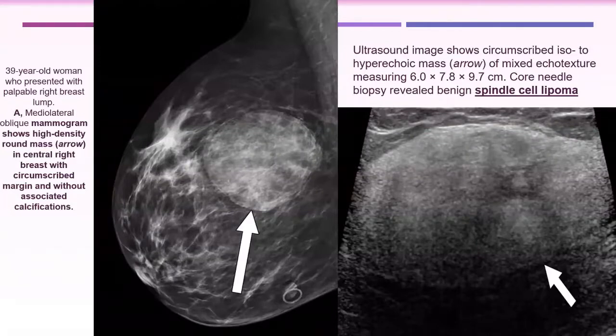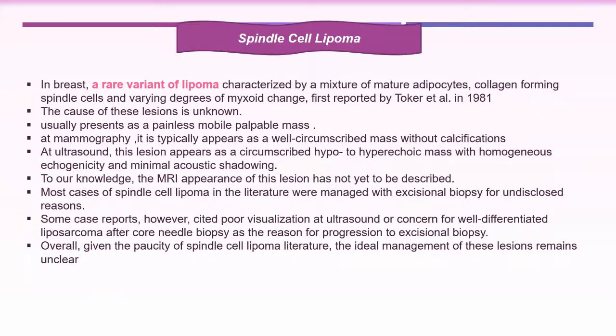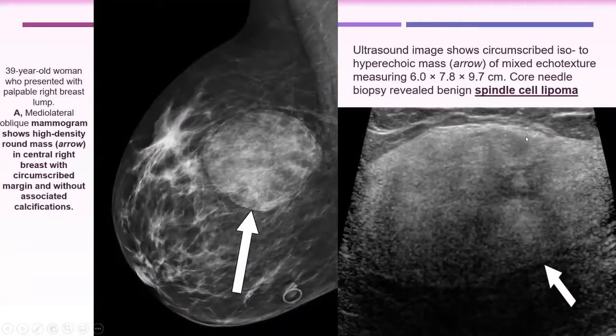This also is a lesion simulating the above examples of angiosarcoma, but in this case, it is just a benign lesion. The pathology demonstrates spindle cell lymphoma, a rare variant of lymphoma. Same more or less, but if you look, it's sharply demarcated. It is circumscribed. On mammography here, although the size is big, the density is relatively not very high.